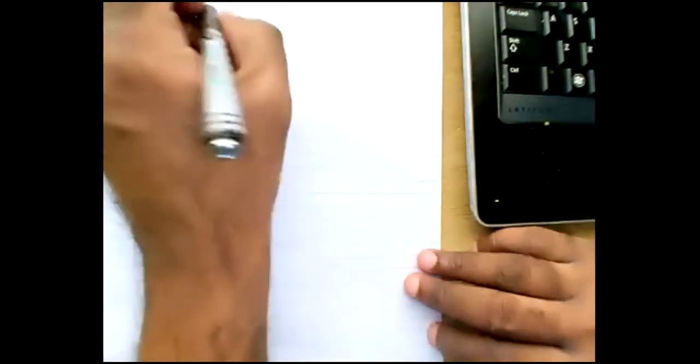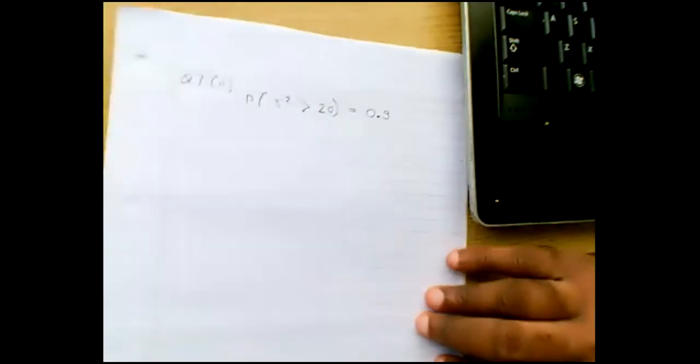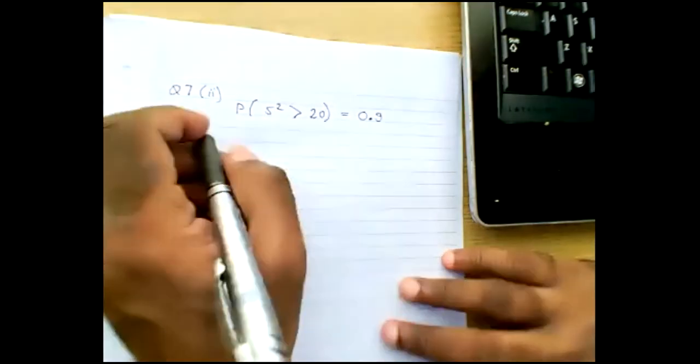So this is question 7, part 2. So we want the probability that s squared is greater than 20 to be equal to 0.9. Right? Okay, so let's see how we can do this.